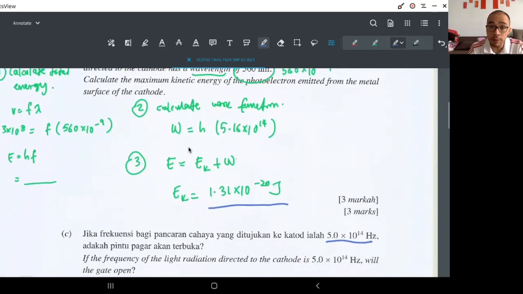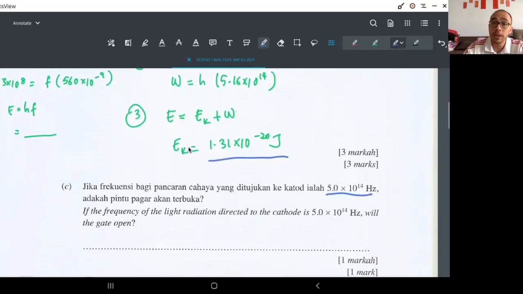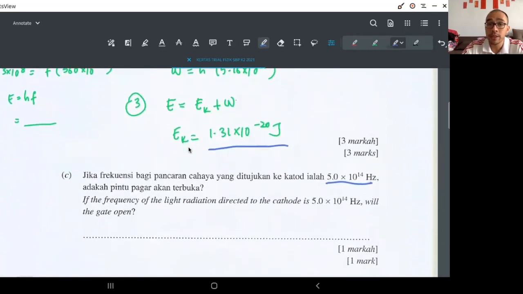So will the gate open? Obviously, the answer will be no, the gate will not open. The good thing about this question is it's not asking you for a reason.